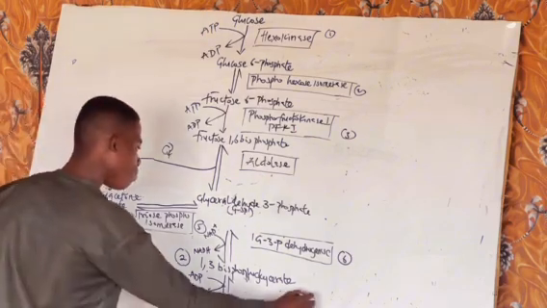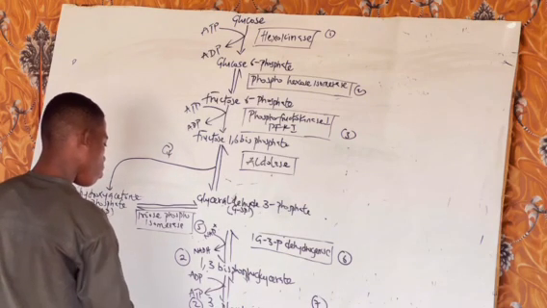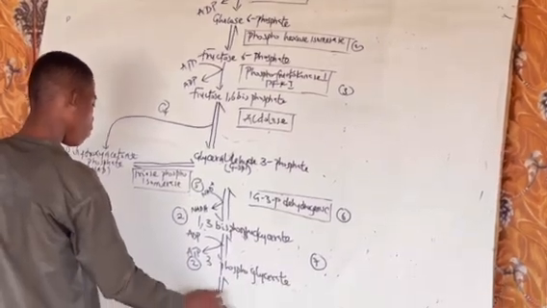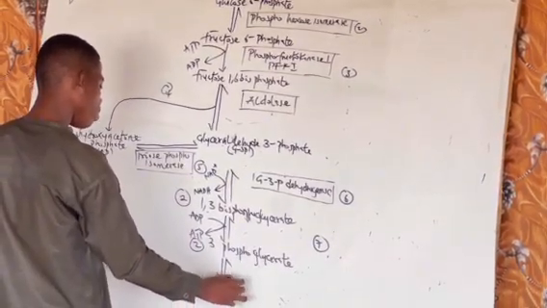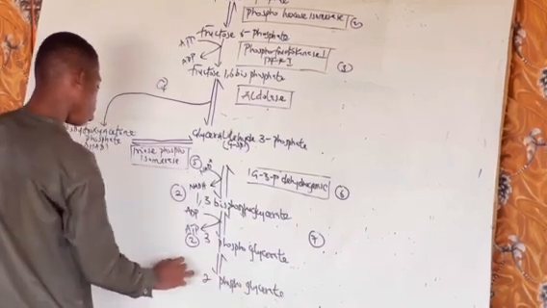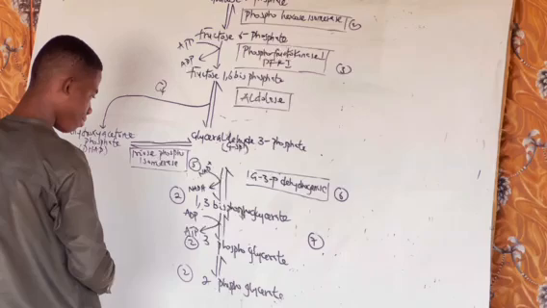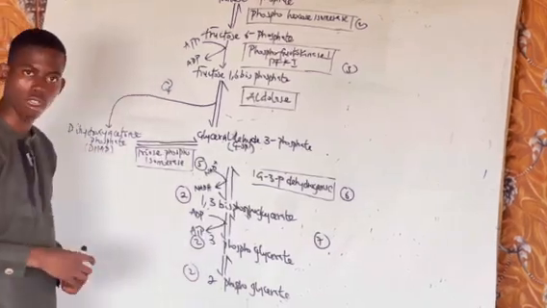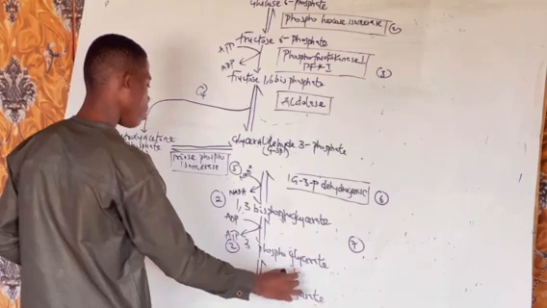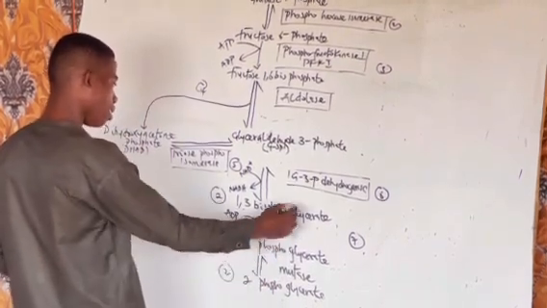Step 8 is a conversion from 3-phosphoglycerate to 2-phosphoglycerate. Don't forget to put these 2 molecules. Everything here is happening twice. And the enzyme that does this is a mutase enzyme.